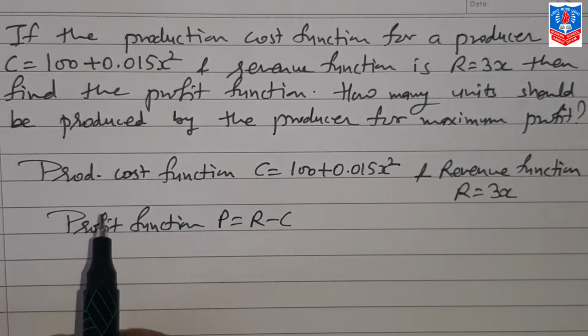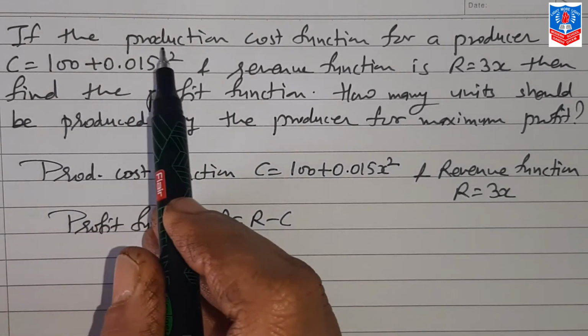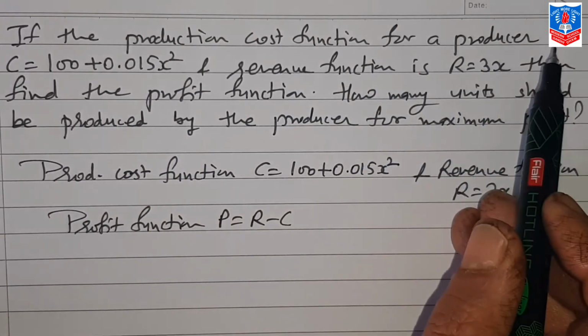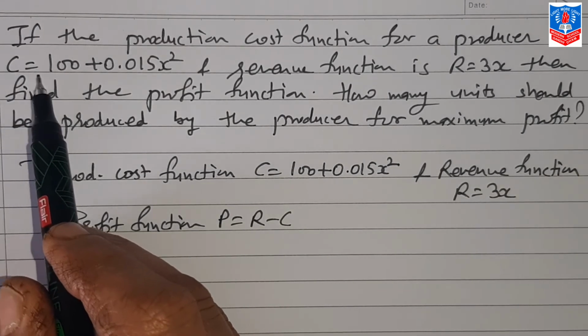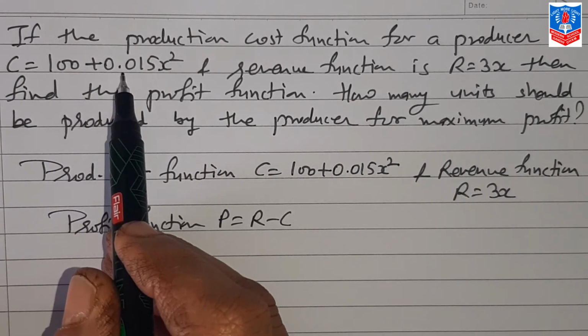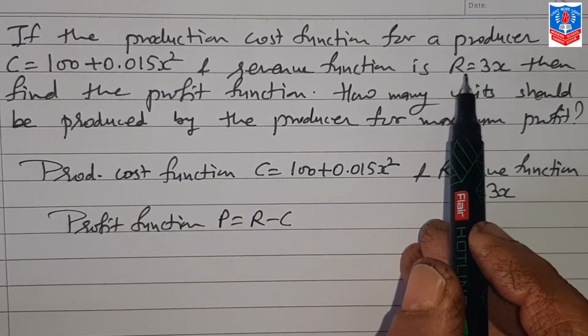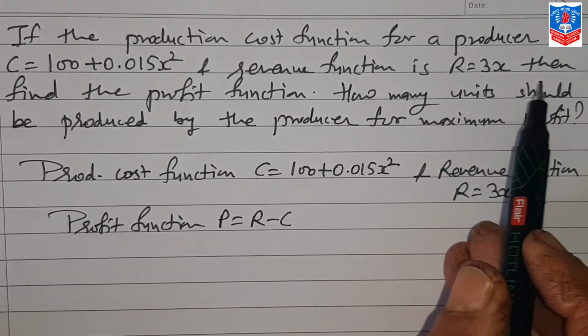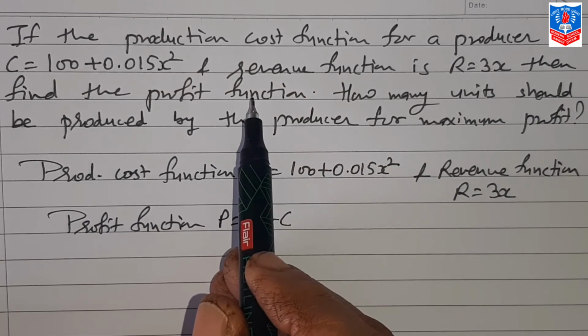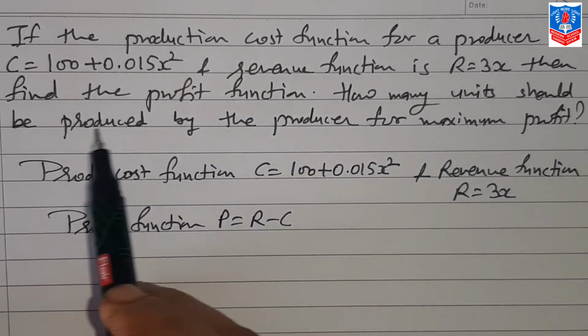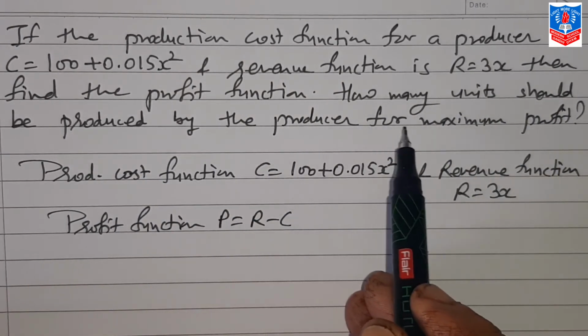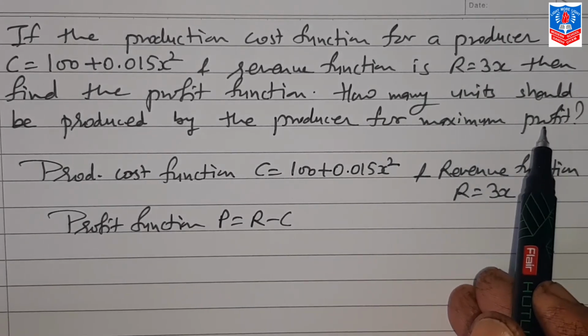Last sum of today's session. If the production cost function for a producer is C is equal to 100 plus 0.015x square and the revenue function is R is equal to 3x, then find the profit function. How many units should be produced by the producer for maximum profit?